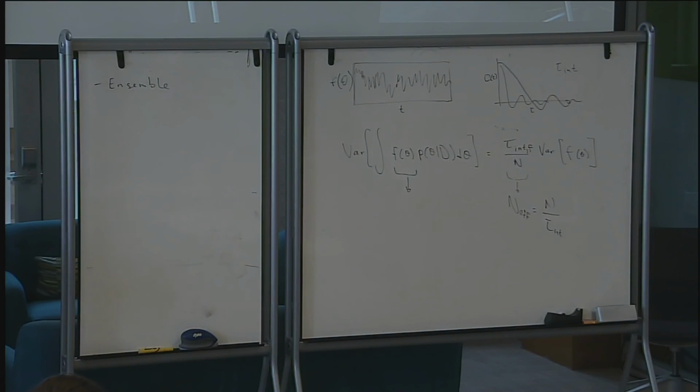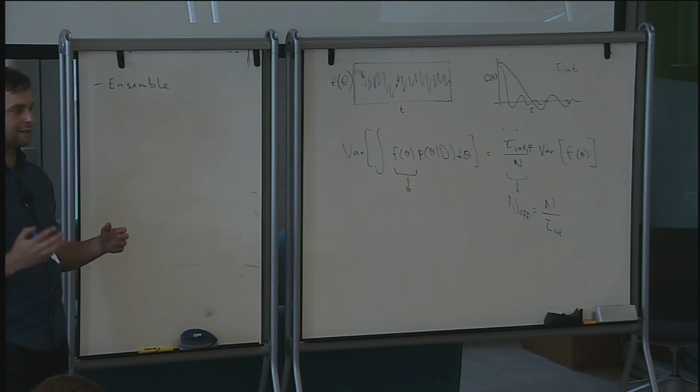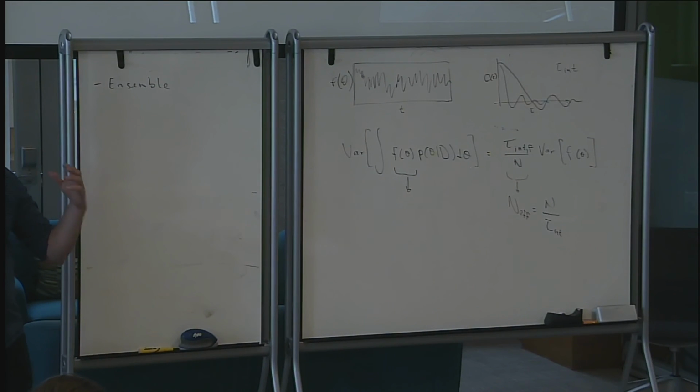Yeah, exactly. So the basic idea of these ensemble methods is that if you have a lot of samplers all running in parallel, then they can know about each other and use that information to spend time sampling in the high density parts of parameter space and waste less time.